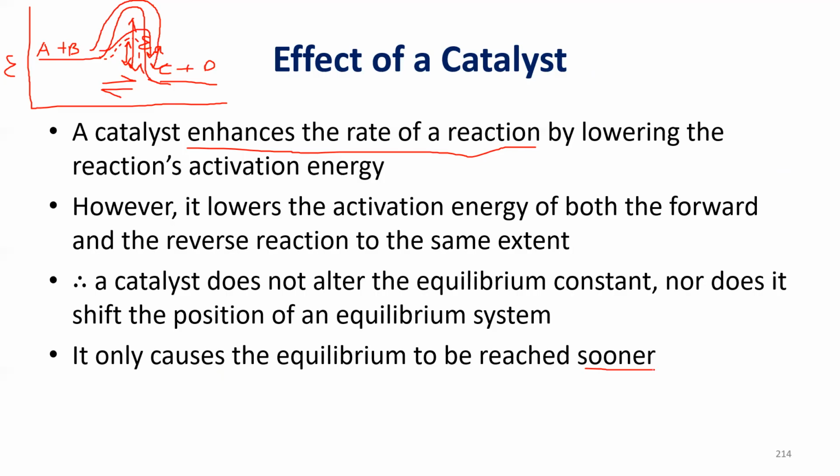So equilibrium is reached sooner, but it does not alter the equilibrium constant. The equilibrium constant remains the same, and it does not favor either side of the equilibrium reaction.